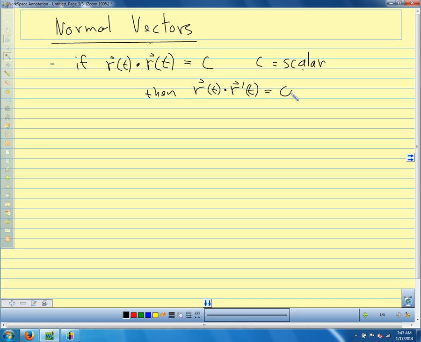So that was one of the properties that we talked about when we talked about taking derivatives.